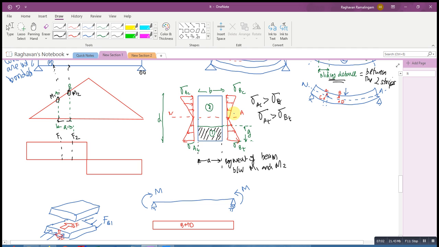Okay, so now the total force in the left side of segment A, let me call this FA1, equals nothing but, let me call this point M. So this is nothing but sigma AT at point M plus the stress at point N, by 2.